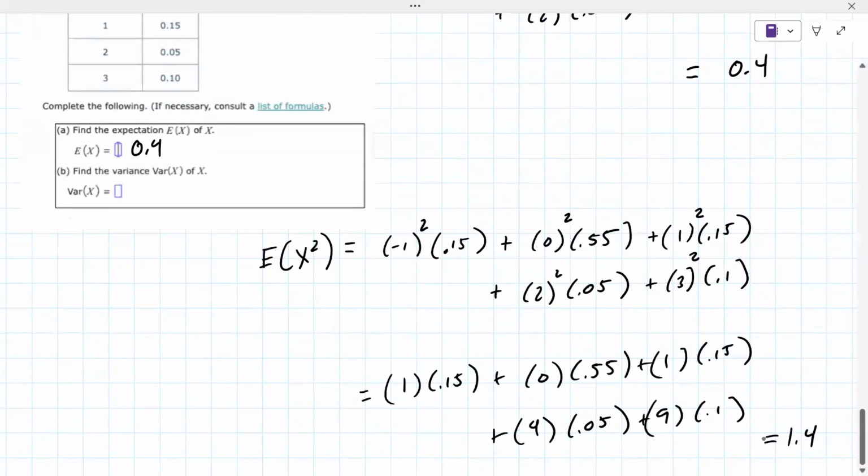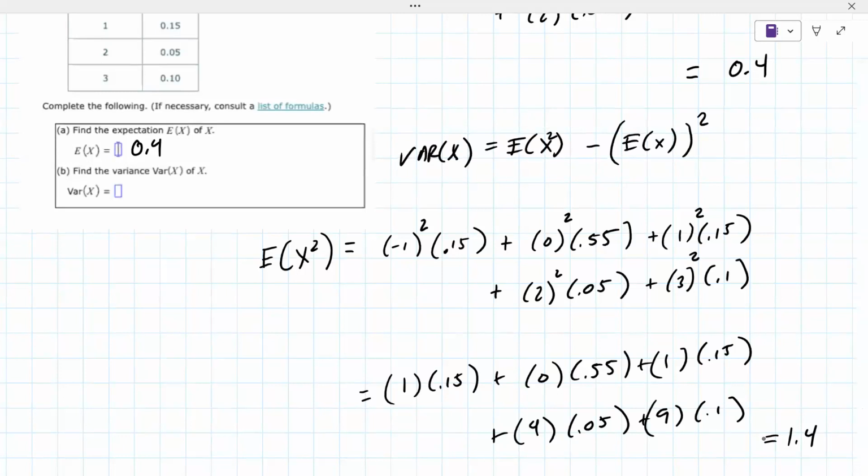Okay. So the variance formula is the expected value of x squared, so what I just found, minus the expected value of x, squared. So you might be like, well, what's the difference? Well, it's 1.4 minus 0.4 squared, which is 1.24.